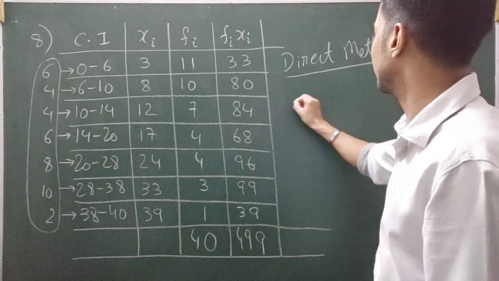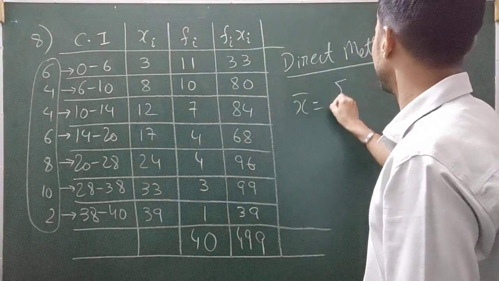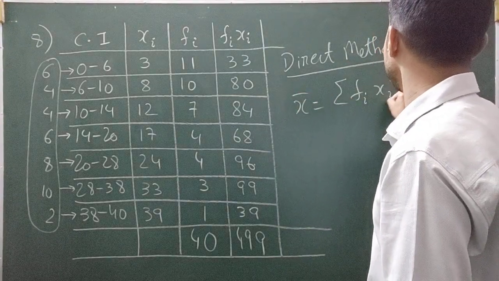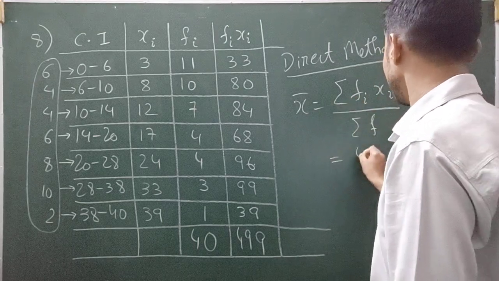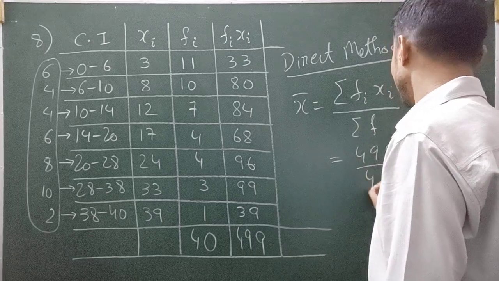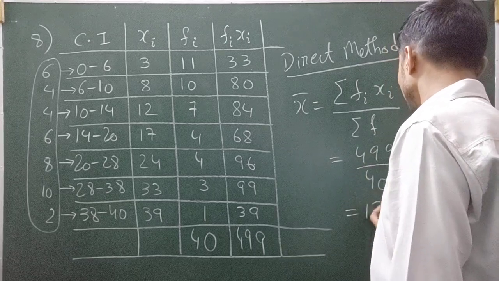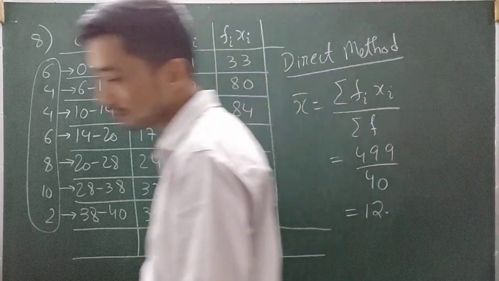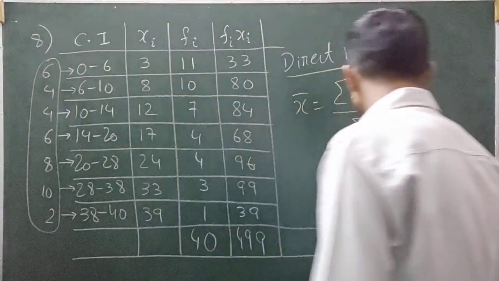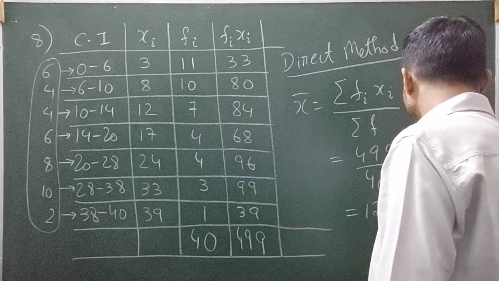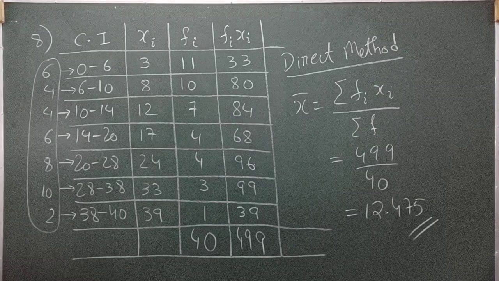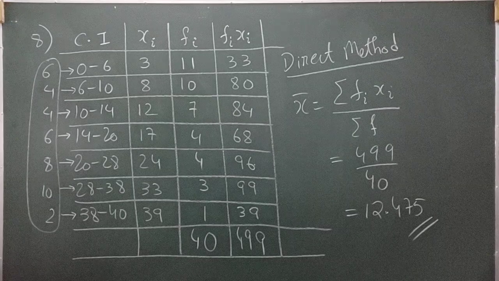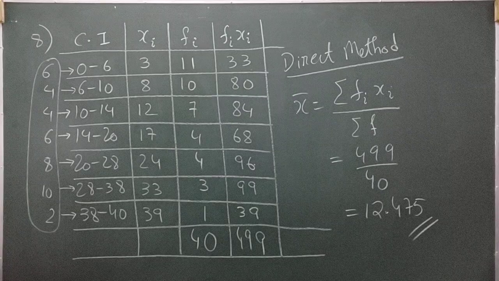So here, direct method. x bar will be the summation of fi into xi, i going from 1 to n, divided by the total of frequency, so that is 499 divided by 40, which is 12.475, or approximately 12.5. Whatever it is, it is okay.